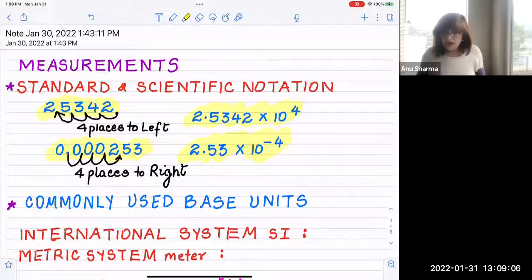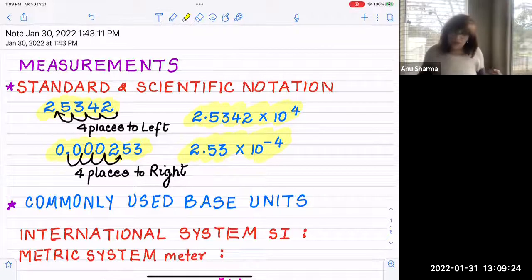Now here you see this number, which is 25,342. We do not see a zero here and we do not see a decimal. So let's look at moving the decimal first of all. The decimal is not seen, but it is present, it is implied, it is after the 2. This is an exact number, okay? So we move the decimal to the left.